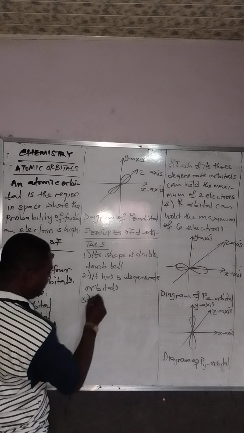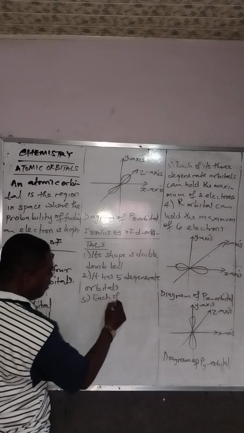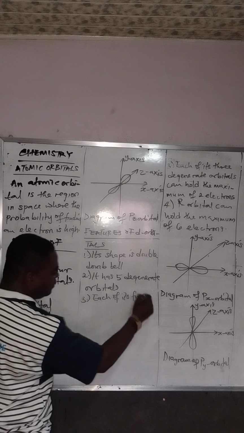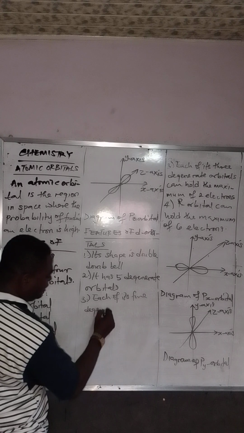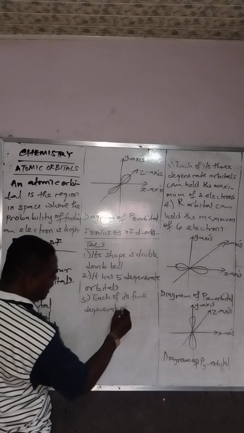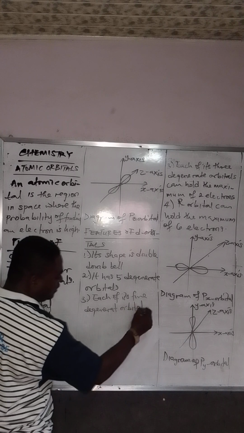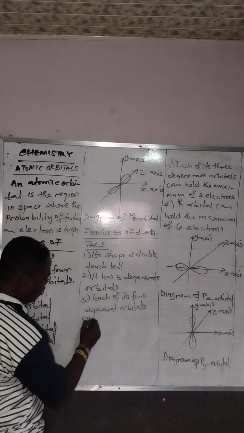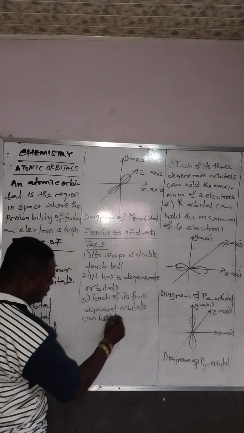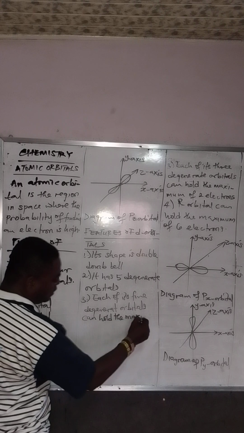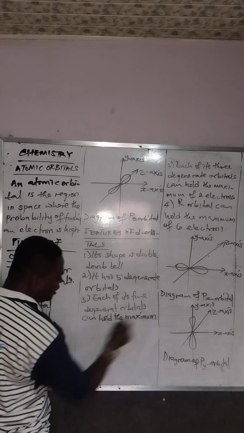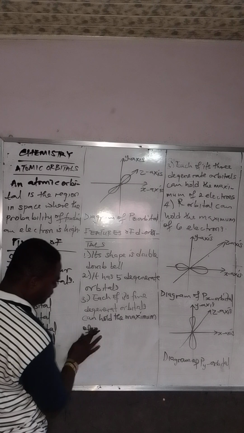Now, number 3, each of its 5 degenerate orbitals can hold the maximum of what? A maximum of 2 electrons.